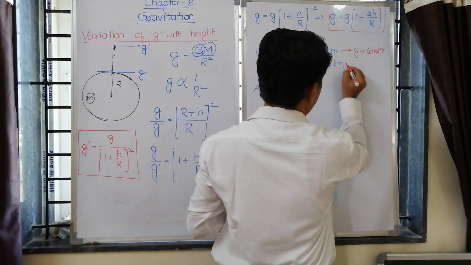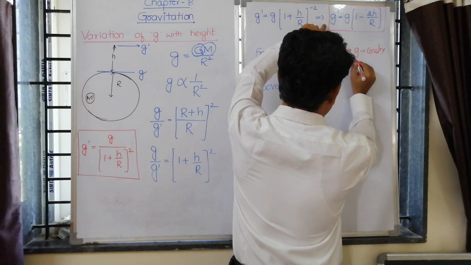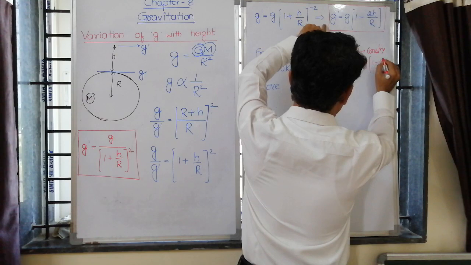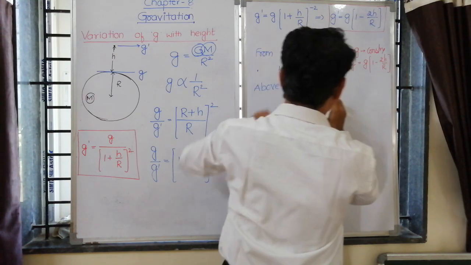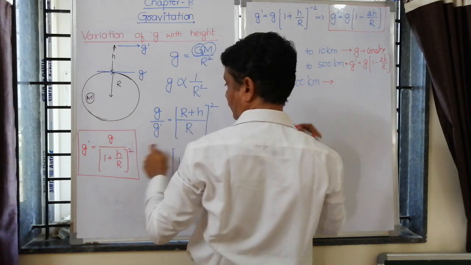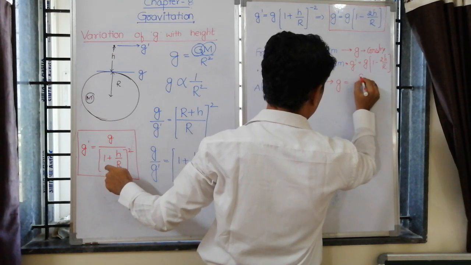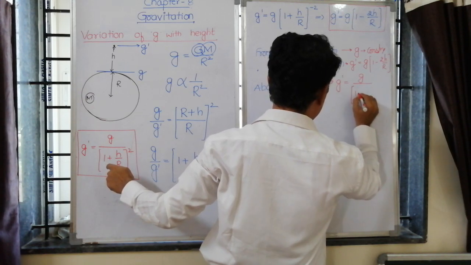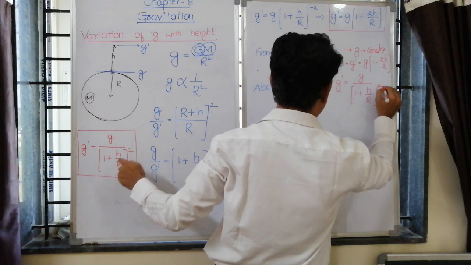And up to 500 kilometer, I can use this formula: g dash is equal to g in bracket 1 minus 2h by R. And above 500, we can use this, that is g dash is equal to g divided by (1 plus h by R) whole square.